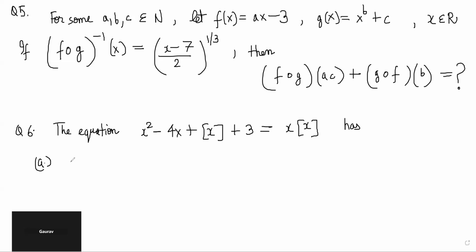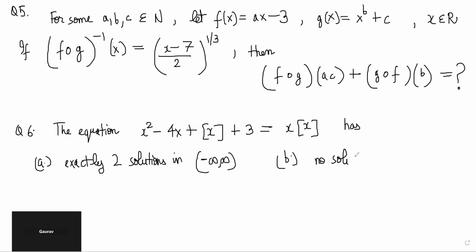Options are: A, exactly two solutions in minus infinity to infinity. B, no solution.